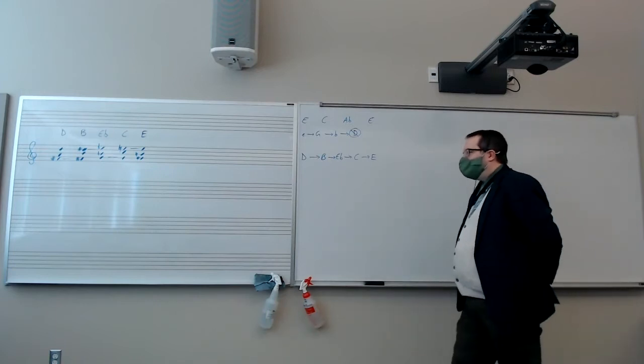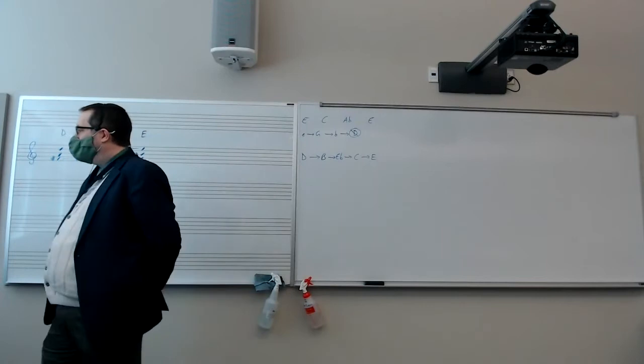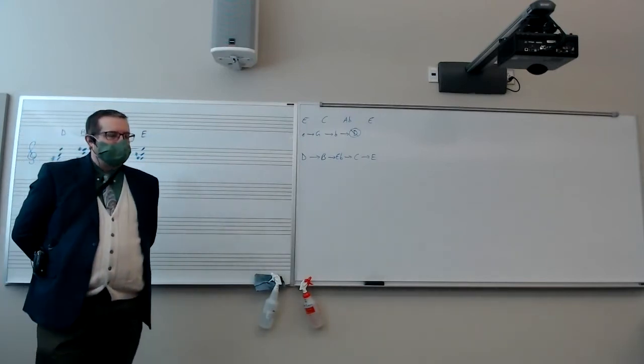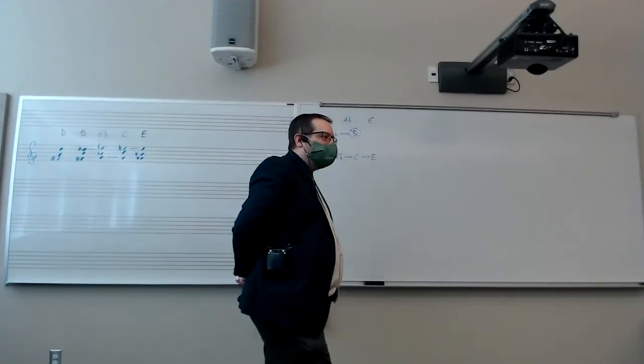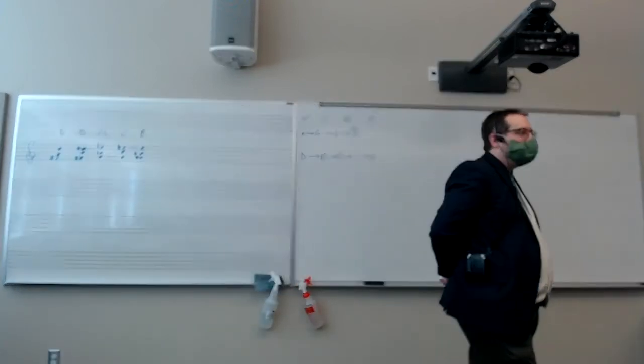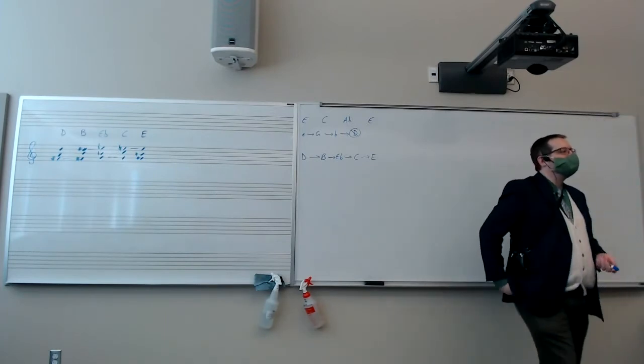And so in 1984, Brian Hyer writes an extremely influential dissertation that creates the field of what we call neo-Riemannian theory. And it's the best way of explaining how all this works, particularly because it makes it visual.